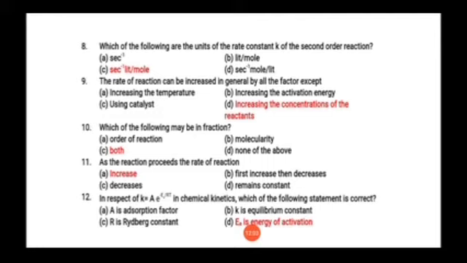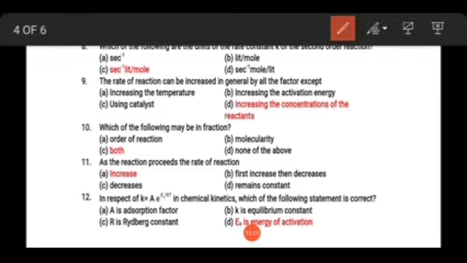So here students, you must remember one general formula that I am giving you, for the unit of zero order, first order, second order, third order reactions. You must know the basics, that is zero order, first order, second order.